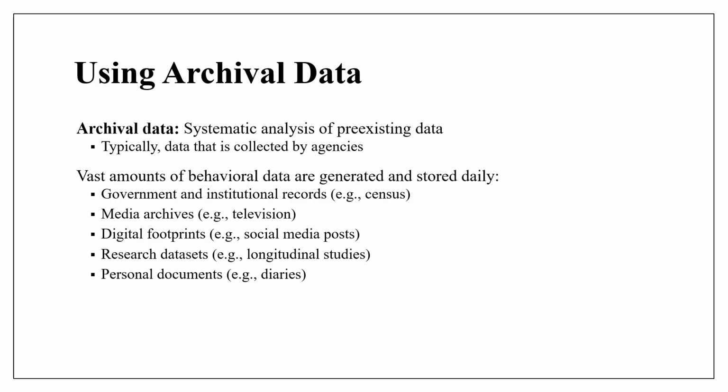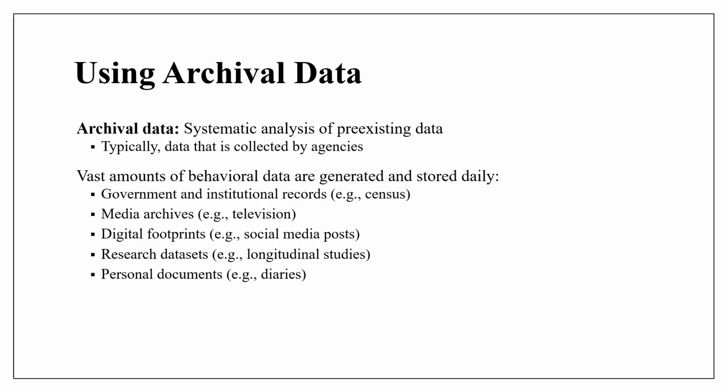Now, again, this is the analysis of pre-existing data. So typically, it doesn't involve actually going through the process of deciding what measures to use and who to recruit as participants or any of that.